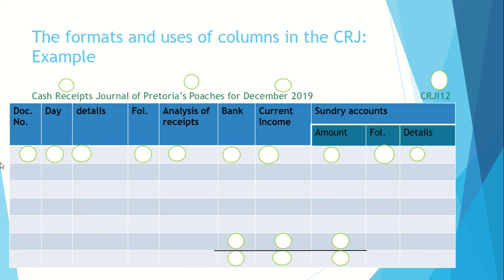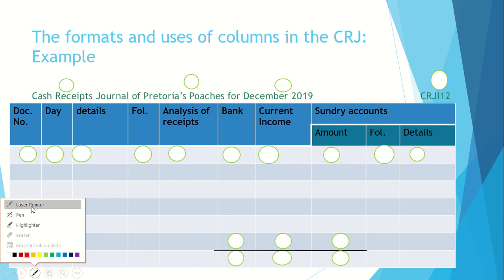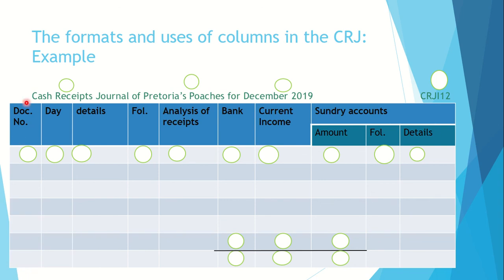Okay, we have, first of all, let me get a pointer. Now we have this, ladies and gentlemen, is the number section, whereby we will be putting the number which we see in our source document, whether it is a cash invoice, a receipt, a deposit, whatever number that it is that we are keeping in our filing cabinet, we will put here.